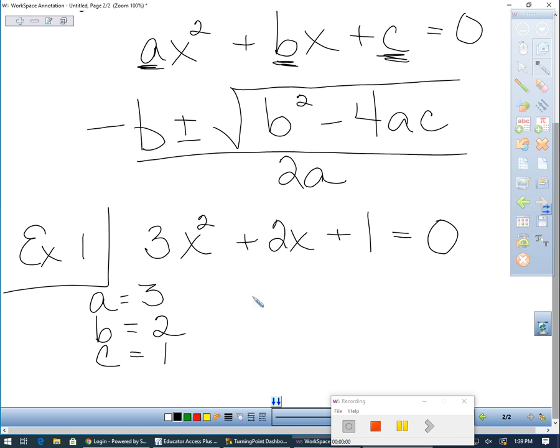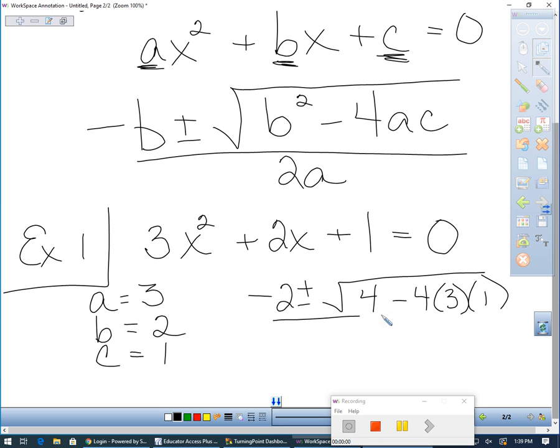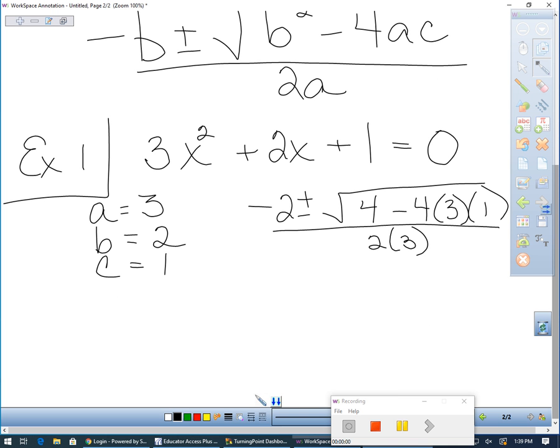So, we have negative 2 plus or minus the square root of b squared. I like to go ahead and just write it down without having to worry about squaring it later. Minus 4 times a times c, all over 2 times 3. What you really need to start with is simplifying what's inside the square root.